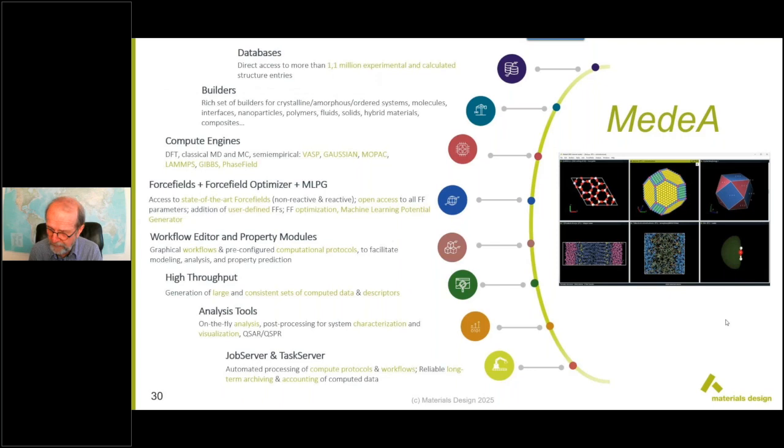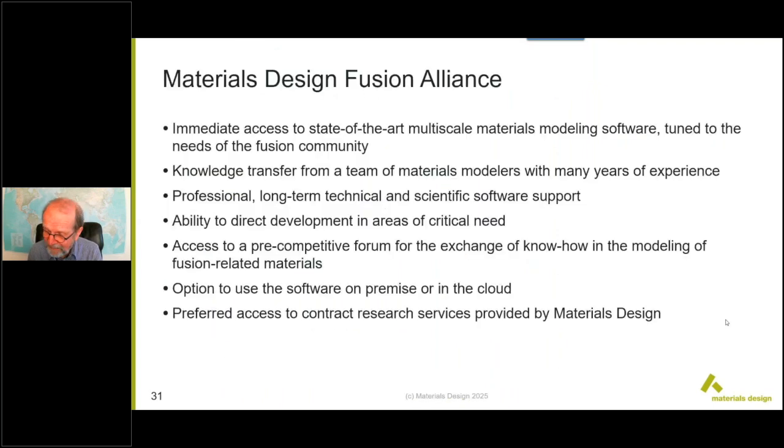All that is integrated in MedeA, and so I think with that, you are in a position to carry out advanced state-of-the-art materials modeling of the challenges and meeting these challenges that we have as we are building these fusion machines.